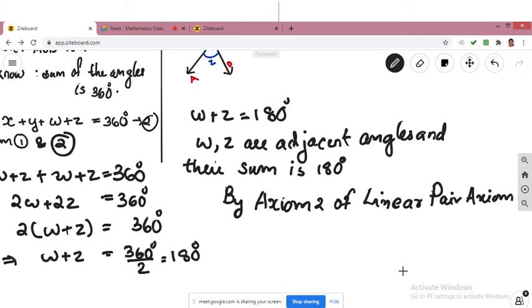So write the statement here, then what will you get? A ray is standing on a line. That is the conclusion, right?